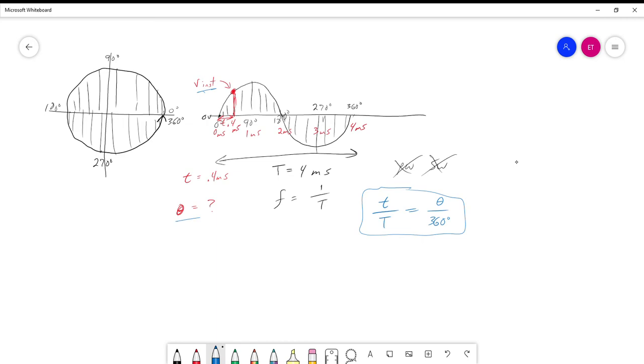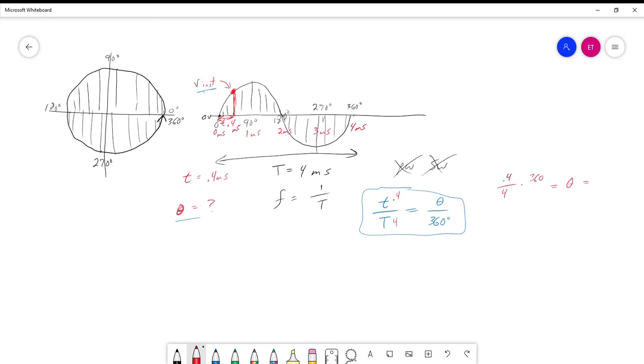Let's see where our phase angle is here that we picked of interest. So 0.4 milliseconds is our time of interest out of 4, right? And so we could bring 360 over. It'd be this: 0.4 out of 4 times 360. There's our phase angle. See, you get to say things like phase angle now.